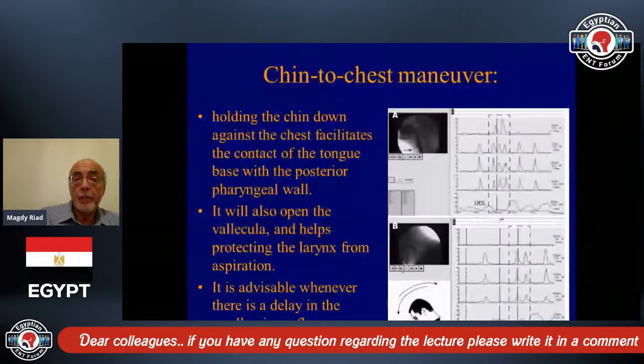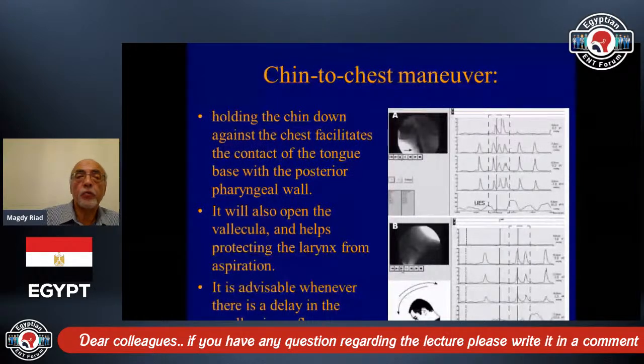This is the video fluoroscopy with manometry combined. This is very useful in the analysis and also in predicting outcome for these patients. And most speech and language therapy, if they have access to this, would use it at the beginning of their program and at the end or through it as well.